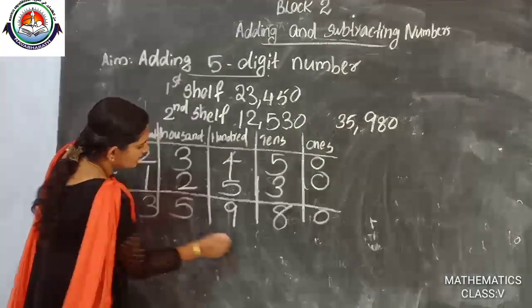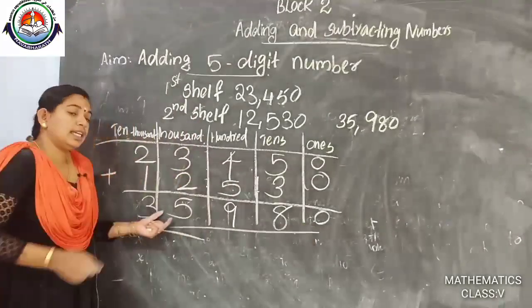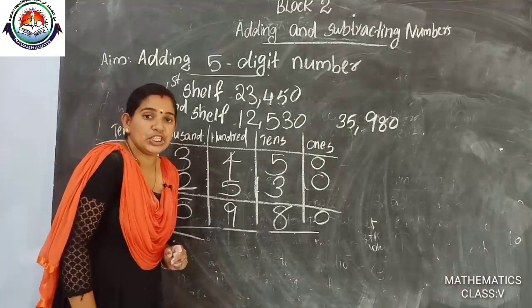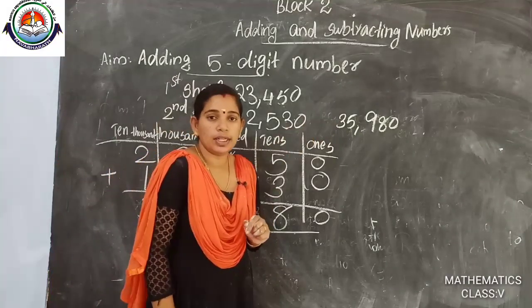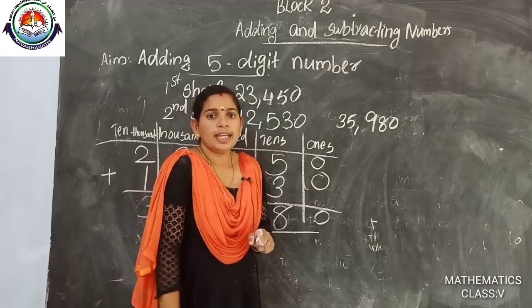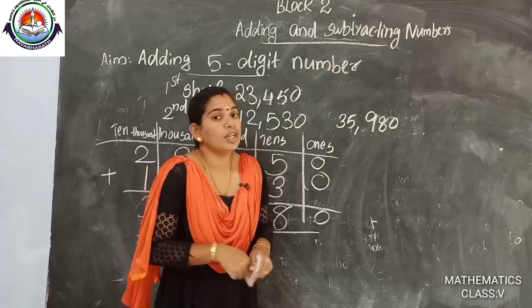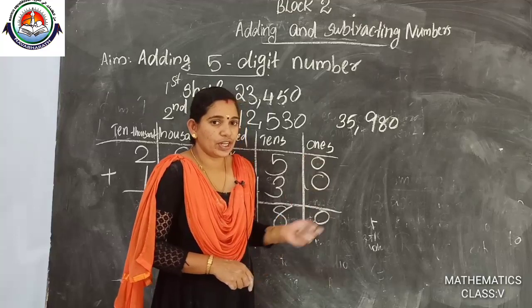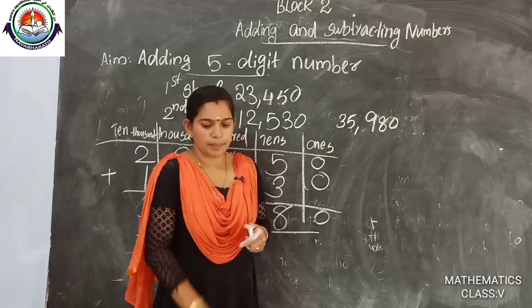So what is the answer? 35,980. The same answer we got. So we do not need the abacus. Without an abacus, we know how to do the addition. Okay, we will do another problem.